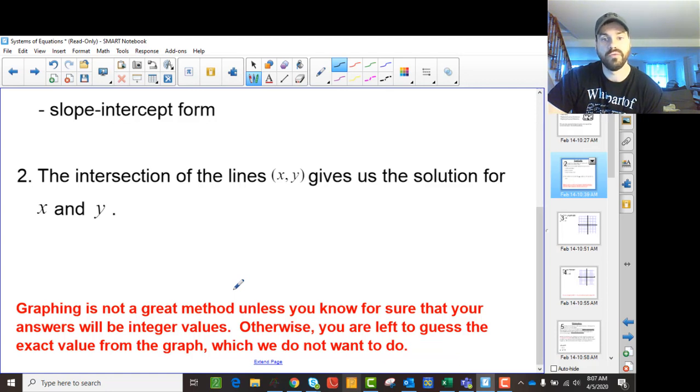So you've got two things that you have to think about. Can I draw this graph accurately? And then if I can, is the solution going to be an easy one to spot? In other words, they're integer values, so they're on the grid. If they're not on the grid lines, then it becomes a little bit harder to know exactly what they are. So we're going to look at a couple of examples, but they're going to be relatively simple.